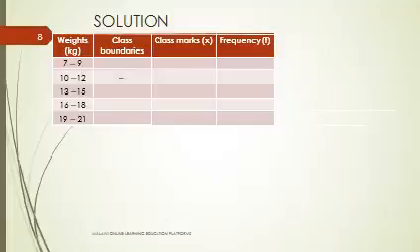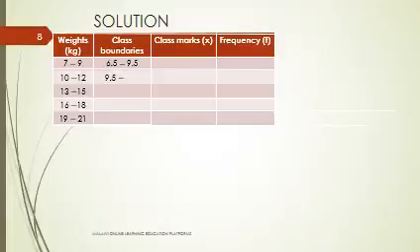And the class boundaries, as I've already said, you calculate by subtracting 0.5 from the lower limit, which is 7. So 7 minus 0.5, you get your lower boundary, which is 6.5. For the upper boundary, you just add 0.5, so the upper limit plus 0.5, you get 9.5.